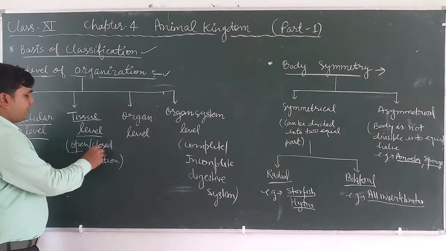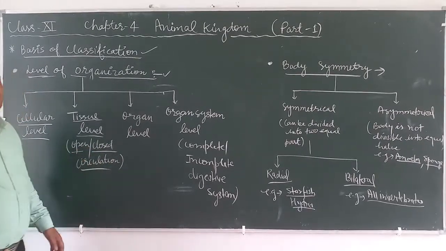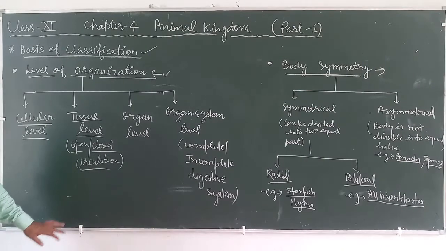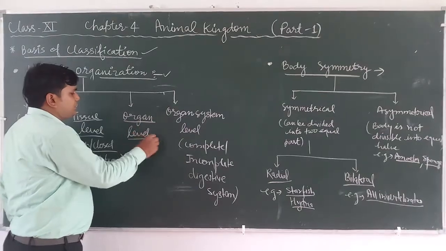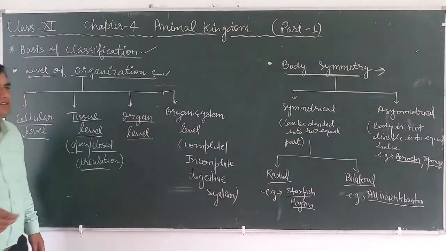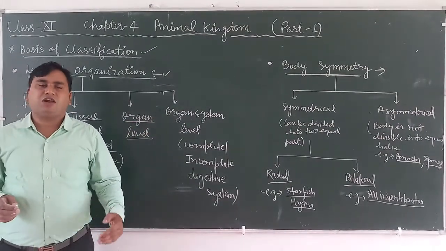That helps in open and closed circulation of blood. In open circulation, blood is pumped from the heart and bathes the tissue, and in closed circulation it is done by the arteries and capillaries. Organ level depends upon the body organization, the different organs of the organism.